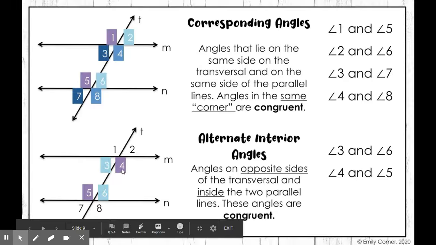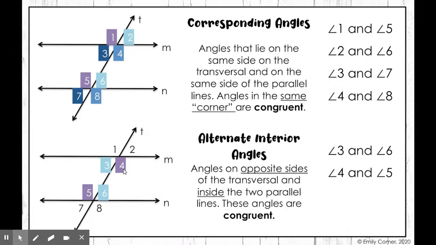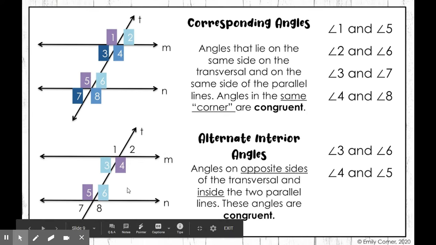For instance, with these purple ones, this one is to the right of the transversal and inside of the pair of parallel lines. This one's to the left and inside both the parallel lines. The relationship between alternate interior angles is that they are congruent to one another. They have the same angle measure.